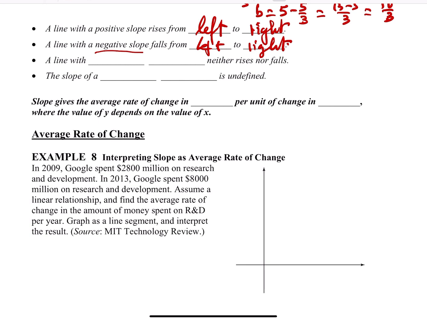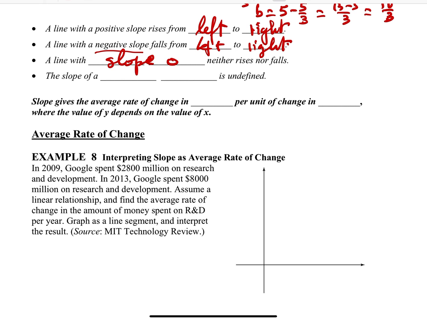A line with slope 0 neither rises nor falls.